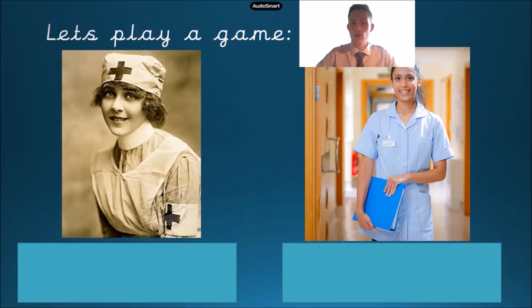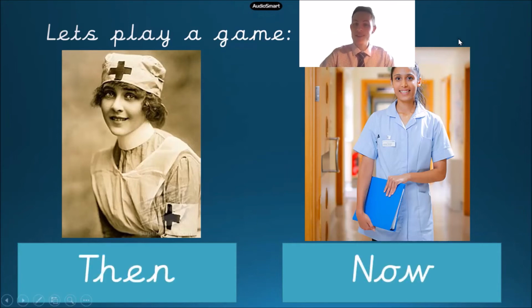So if you have said that now is the lady that works for the NHS, you're absolutely right. You can see that this picture over here is in colour, which means it's got lots of different colours showing us what it looks like. This one over here hasn't. That's a bit of a clue on which one is old and which one is new. Now we can also see that this is what people would dress like today if you work in the NHS.